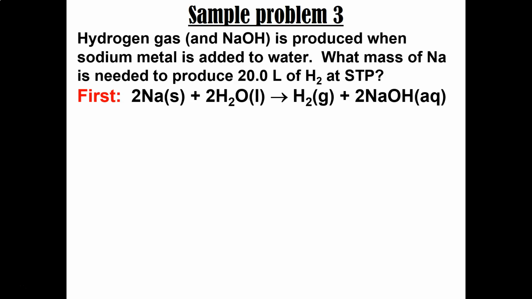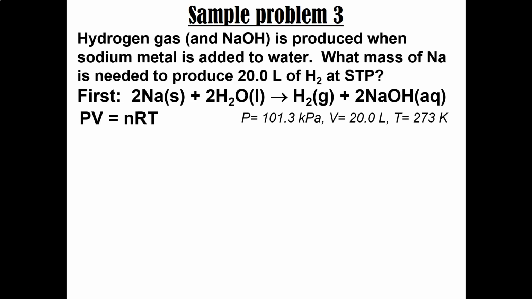So you pause the video and you try to do this one from start to finish. See what you get. All right, so I'm going to start with an ideal gas calculation this time.